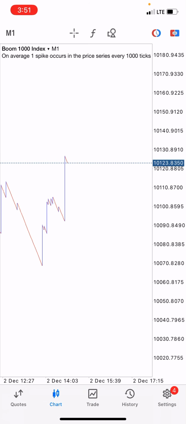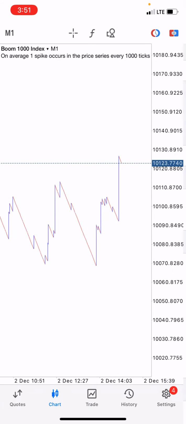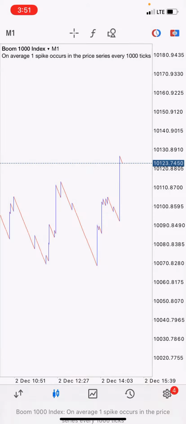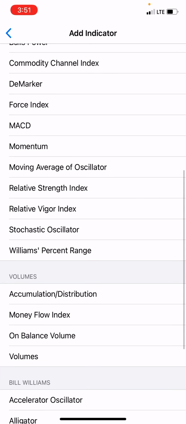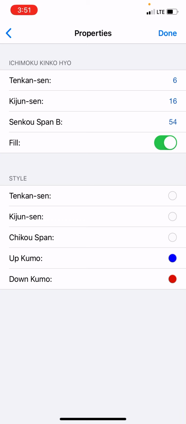First of all, we add our Ichimoku. These are the setups. The Tenkan is 6, the Kijun is 16, the Senkou Span B is 54.